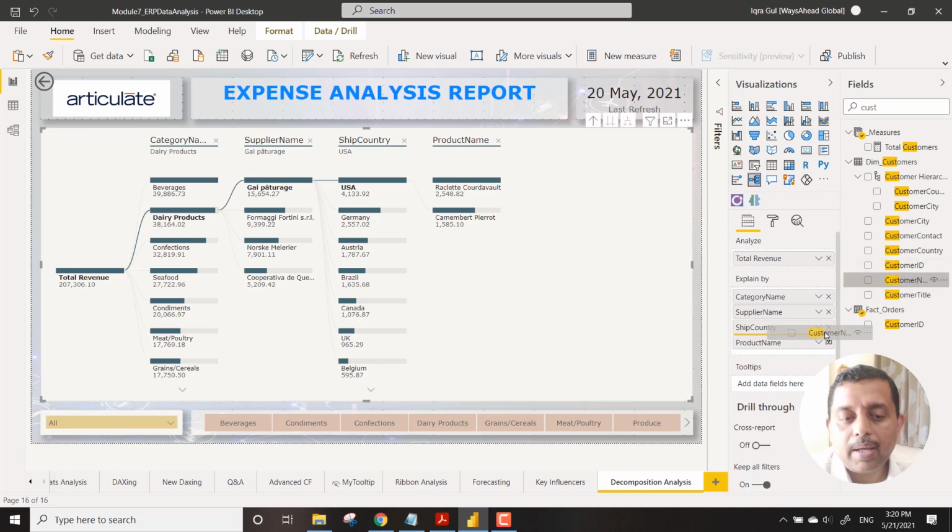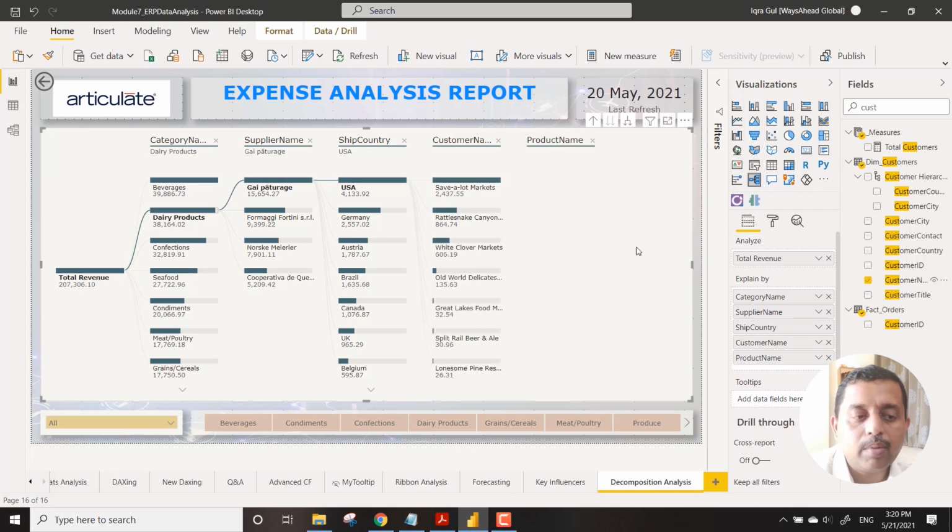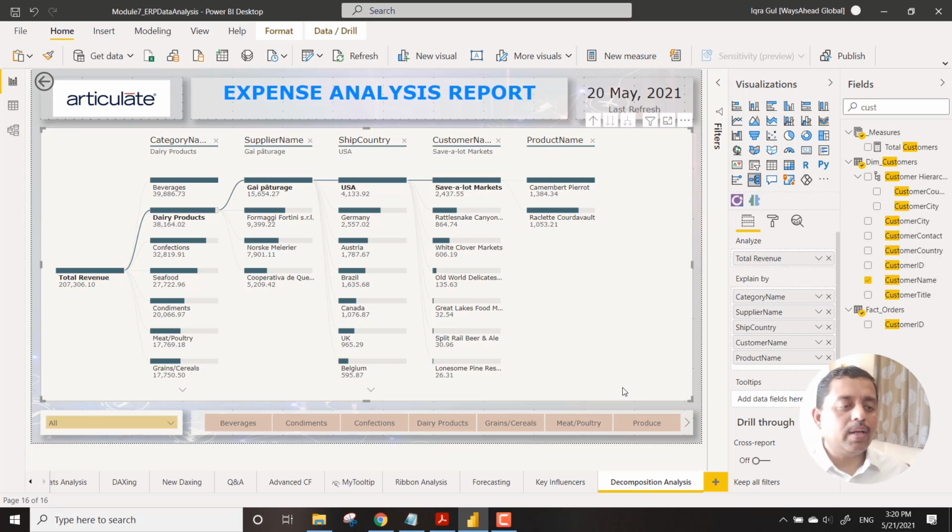So with the supplier name, the ship country, and the customer name, that can also be taken care of. You can see the complete chain in the decomposition analysis, starting from the total revenue, broken down by category, supplier, country, customer, product, and everything, down to the level where you can decompose it.